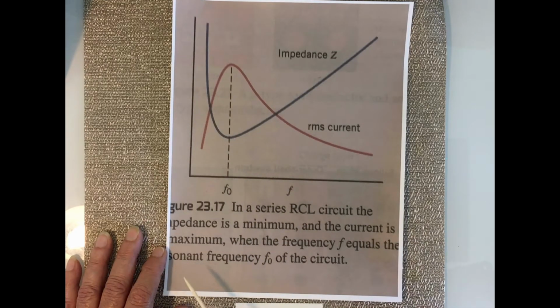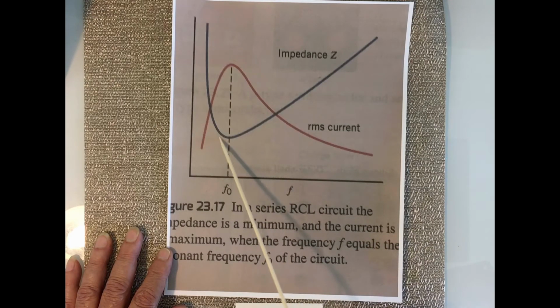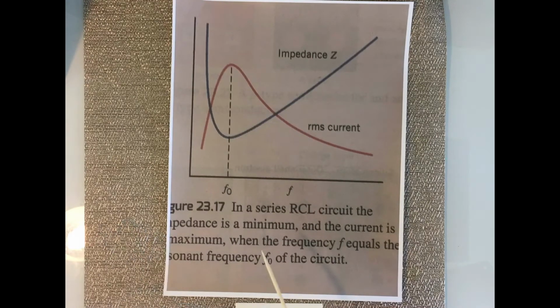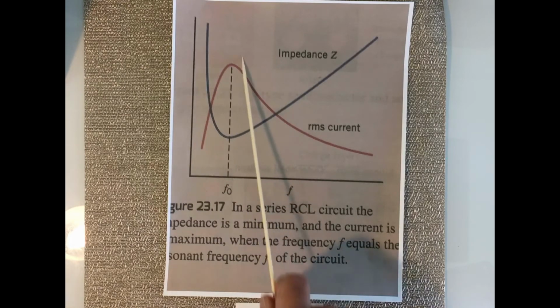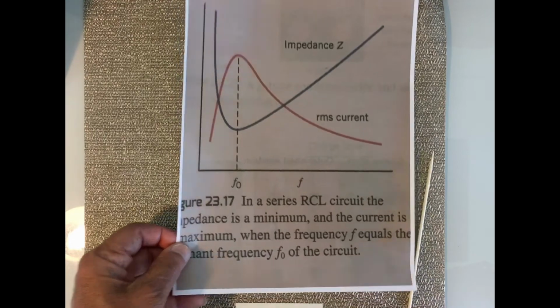Okay, so the current is the maximum at this point. Impedance is minimized. Okay, so this point, as you see the dotted line, is the frequency again, because it is an RLC circuit, and this F0 is the resonant frequency.